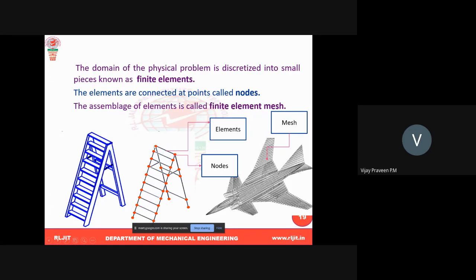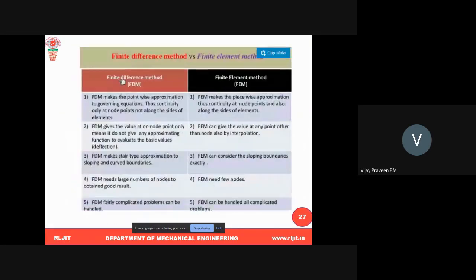Therefore, to capture this line exactly from here to here, I should introduce more nodes. But in FEM, it is divided into a number of small pieces, one piece here, 2 pieces, 3 pieces. That is called an element. These elements are connected only at distinct points, known as nodes. That's why FDM is called a point-wise approximation method and FEM is called a piece-wise approximation method. That is the first major difference they mentioned here.